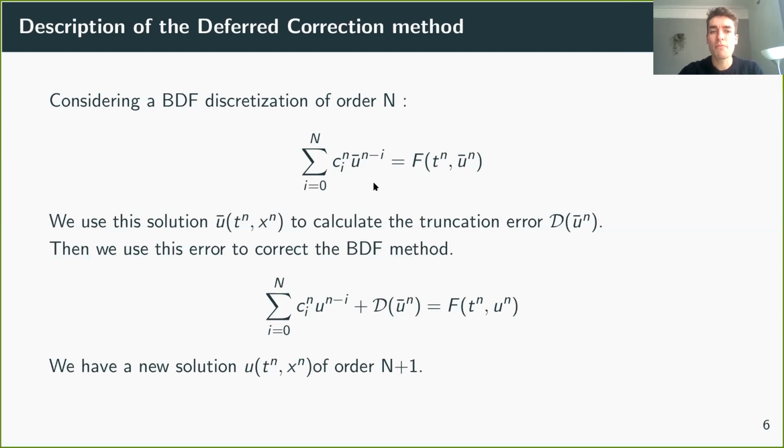First, with the first BDF discretization, we obtain a solution U bar, and we can use this solution to calculate the truncation error that we know, D. And then we correct another BDF with this correction, but using the previous solution. So here we have a new method based on the basic BDF, but we correct with the previous solution. Like that, we can have a new solution U, but with an order n+1. We just win an order by correcting with the truncation error like that.